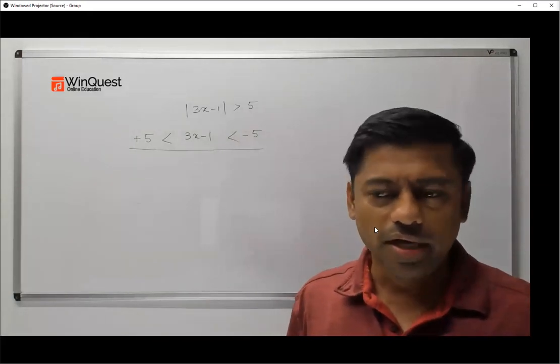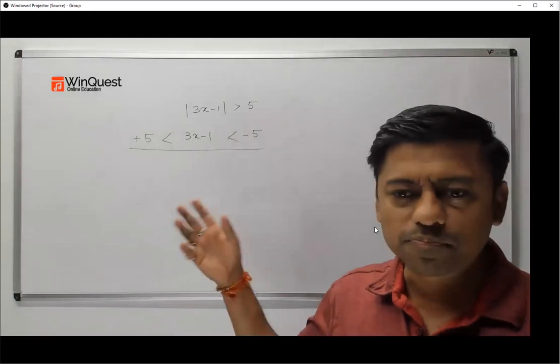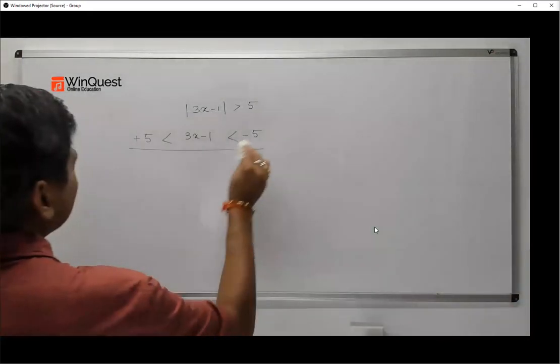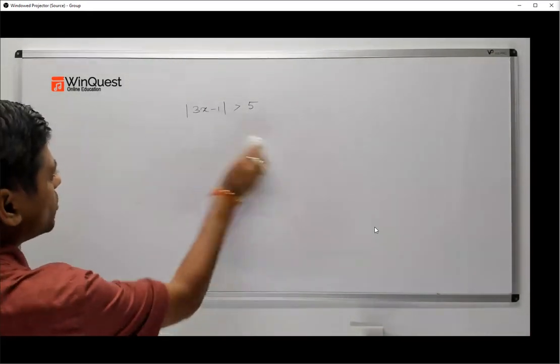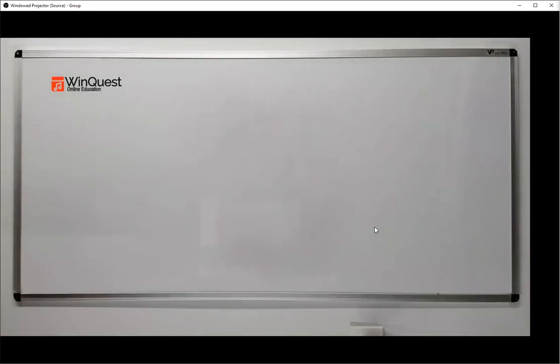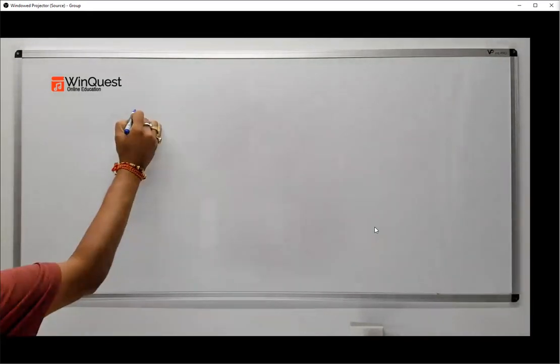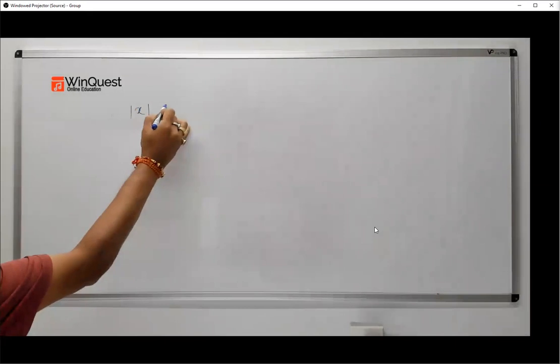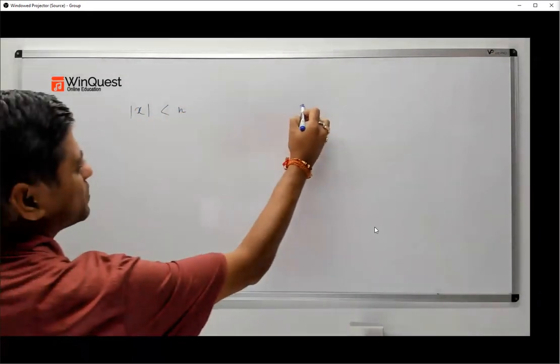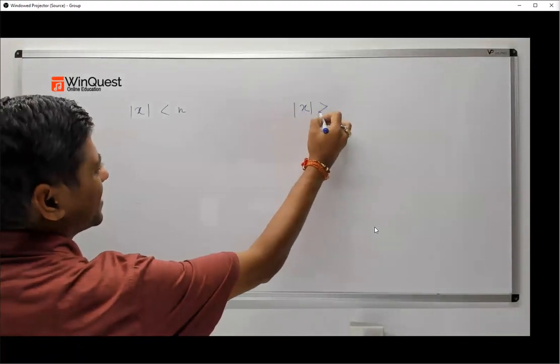Now, in general, let's put that as a rule. I'm going to remove this and write: absolute value less than n, where n is a constant, and absolute value greater than n.